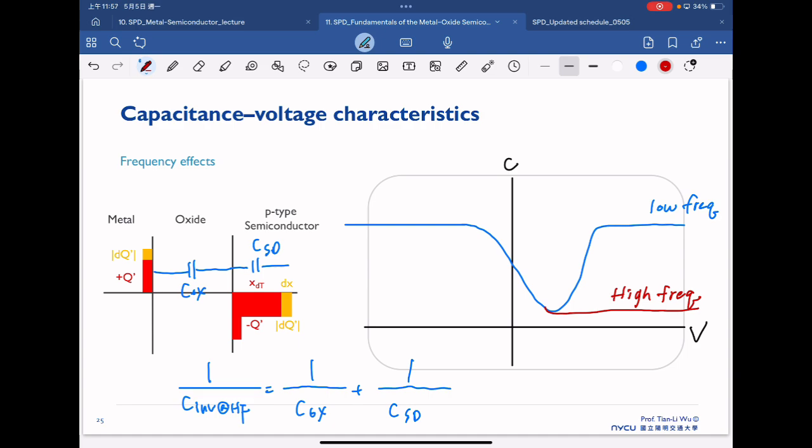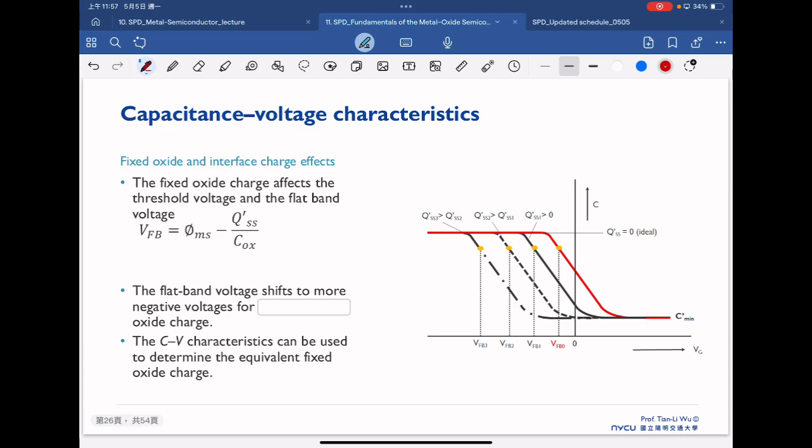Also, the CV characteristic can be influenced by the fixed oxide and interface charge as well. This is because of the flat band voltage as shown here, which is related to the minus QSS prime over Cox.